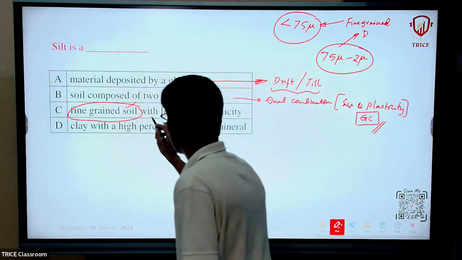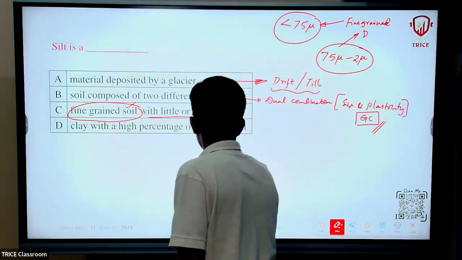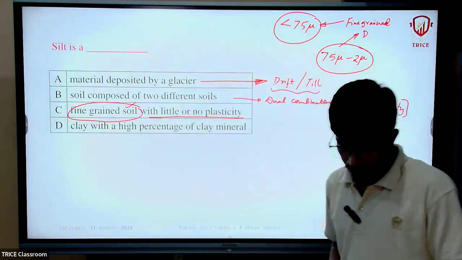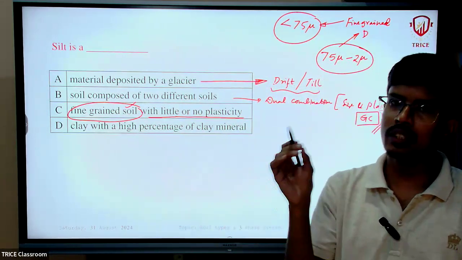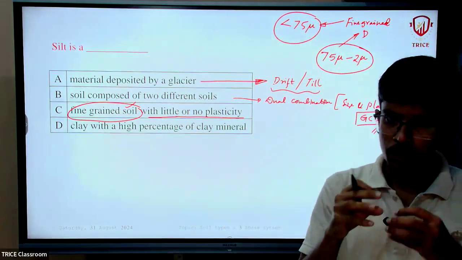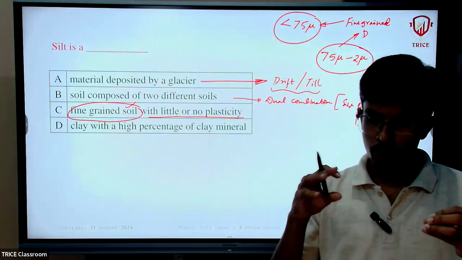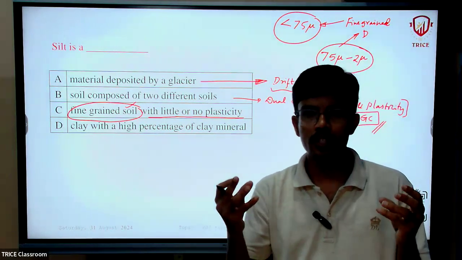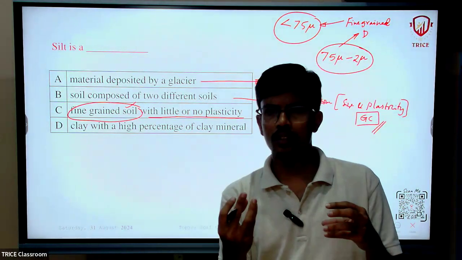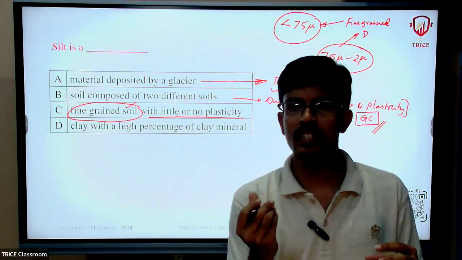Then there is little or no plasticity. If you take sandy soil as well as silty soil, it almost looks like sand, right? So we can only categorize based on their plasticity. If the soils possess a little amount of plasticity, we call it silty soil.